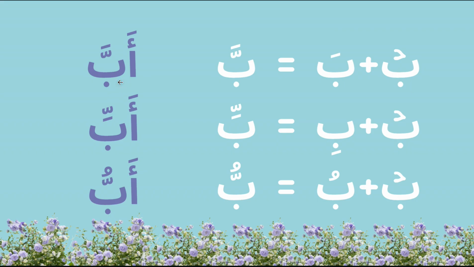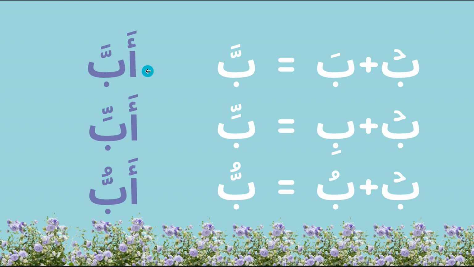Ab, ba. Don't open your lips and say ab, ba, ba, as though you're pronouncing two letters. No, this became one letter, but pronounced two letters with certain rules and conditions.